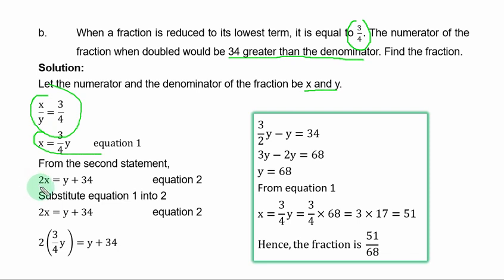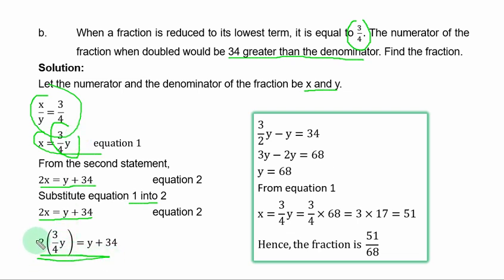That is 2s equal to y plus 34. Let's call that equation 2. To continue, you can put equation 1 into equation 2. If you replace s with 3 over 4 y, you have it in this form.